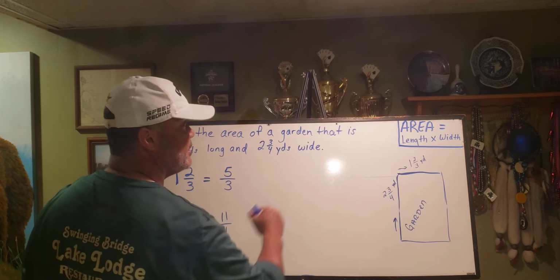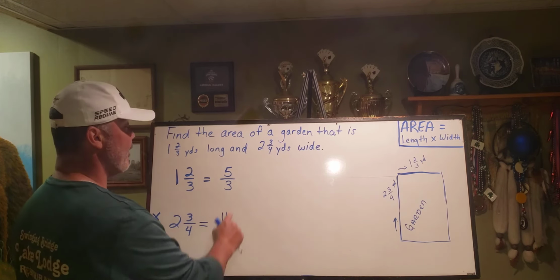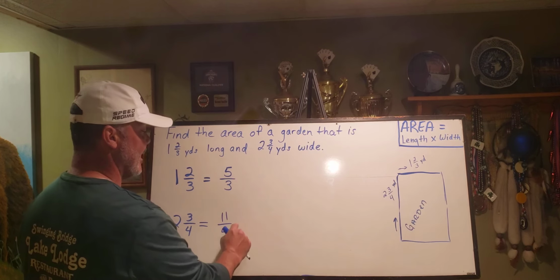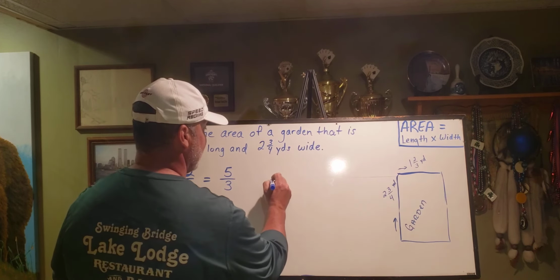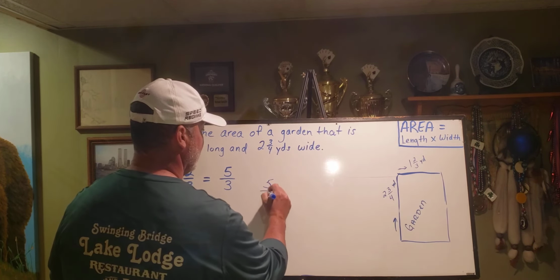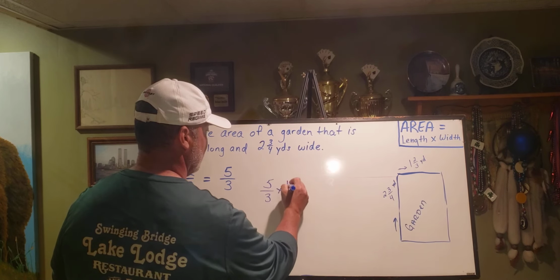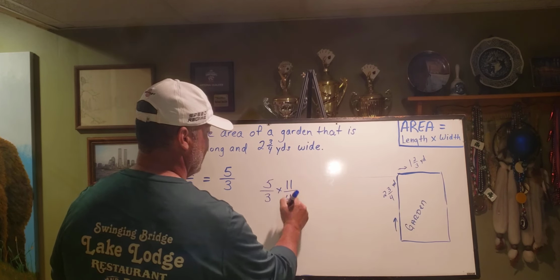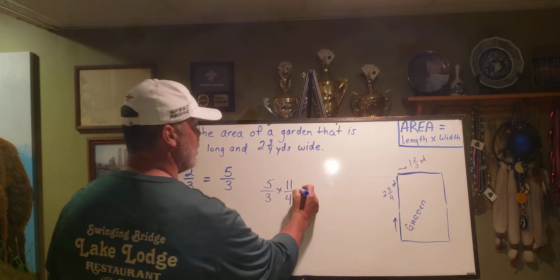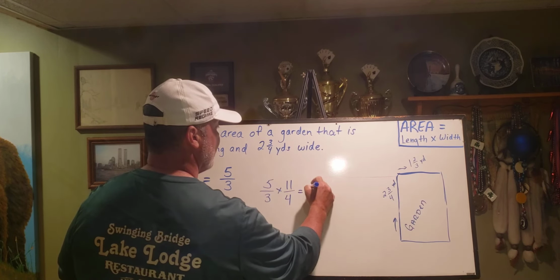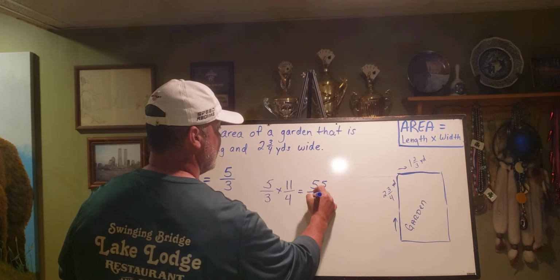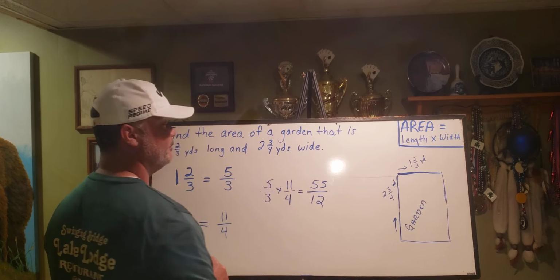Now the operation is multiplication. I'm looking for the area, so it's 5/3 times 11/4. I can rewrite that right here. And what happens? I multiply across, giving me 55/12.